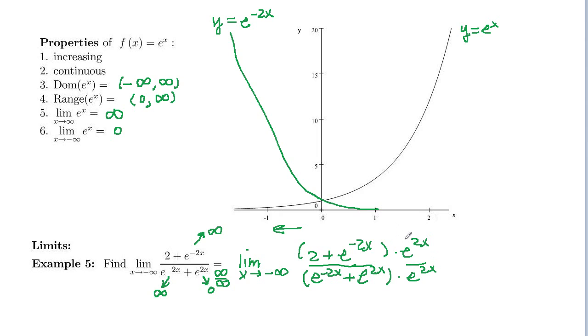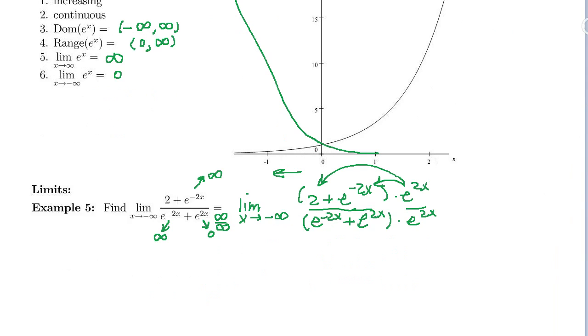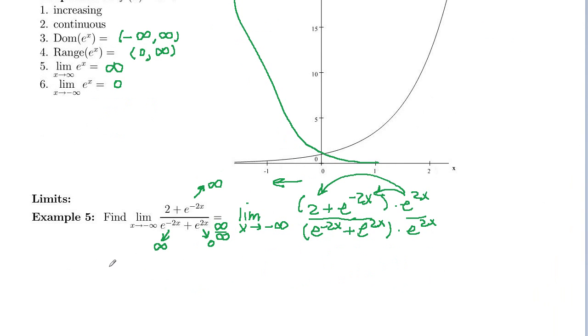And the reason I did that is because when you multiply this in here, first you've got, so this will be limit as x goes to negative infinity, and then e to the 2x times 2 will be 2e to the 2x.